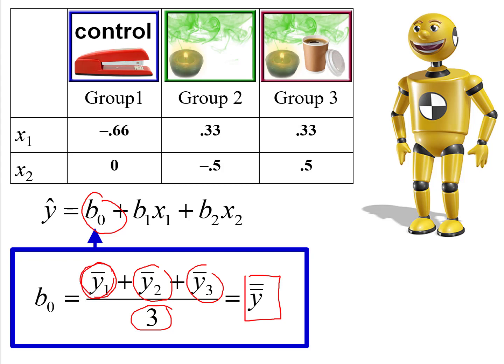So if group 1 has more people in it and group 2 has fewer people in it, we're not paying attention to how big the groups are. We're just averaging their means to get the mean of the means, or we can call that the unweighted grand mean. When I say unweighted, that's the part where we're not paying attention to how big groups are. We're not weighting groups by their sample size. We're just averaging their means. So we can call this the mean of the means or the unweighted grand mean, 2 ways of describing what this intercept tells us.